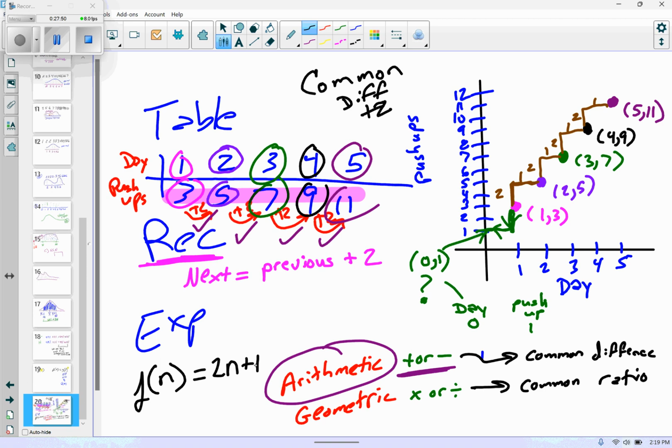Just literally copy it, but I don't want to see the pink circles, the purple circles, the green circles, the black circles. I just want to see this written out as neat as possible, with the recursive here, the explicit here, maybe list arithmetic. I want it all nice and clean so we have some really nice notes to look at.